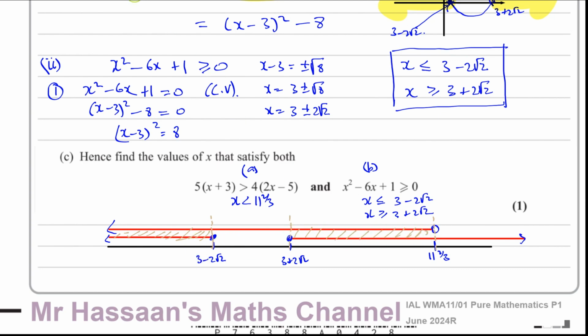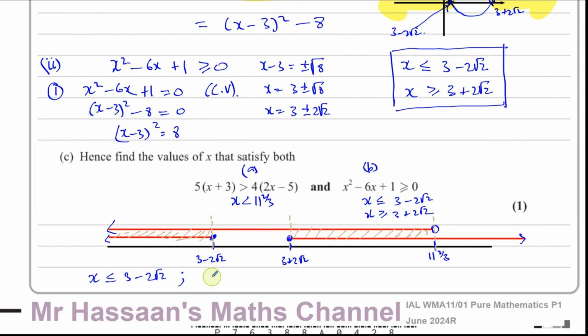So the solutions that satisfy both of these inequalities are when x is less than or equal to, because this is also included, 3 minus 2 root 2, and between these two values. So that's one that goes on forever. Here it starts and stops.